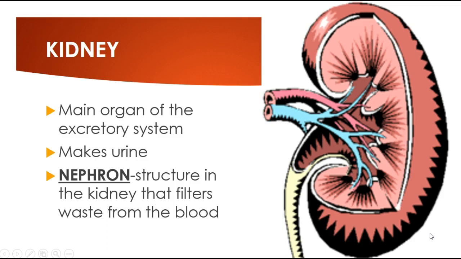And a nephron is this tiny structure that is surrounded by little tiny blood vessels. And these blood vessels carry blood to the kidney, to this nephron, so that the kidney can filter waste from the blood. And again, this process happens inside the nephron of the kidney.